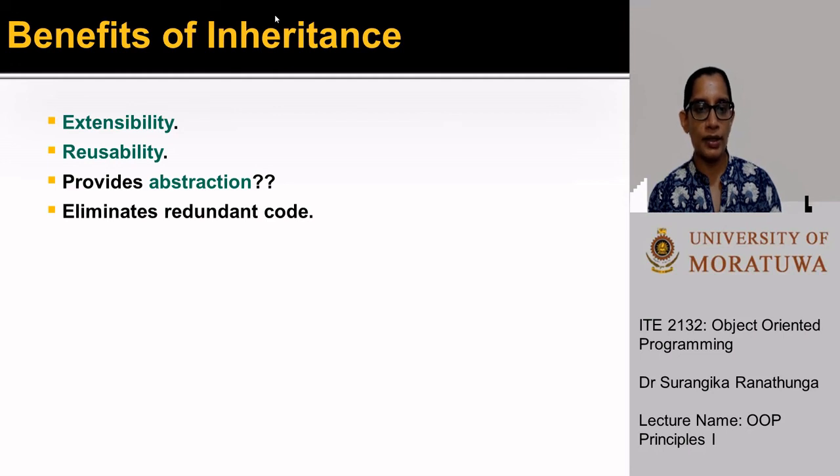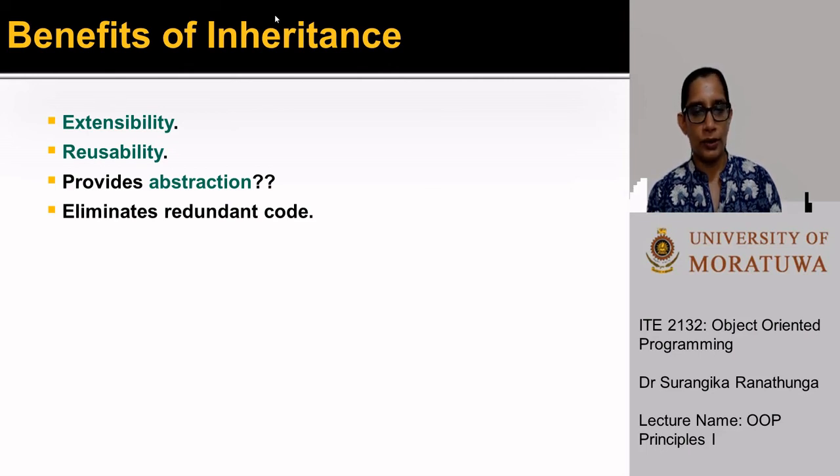As I said, to implement the other two object-oriented principles, that means abstraction and polymorphism, we must start with inheritance. Inheritance must be there for that. And as we saw, the reusability of code, that means avoiding redundant code and having code in one place that can be reused by other subclasses, is a very good property.